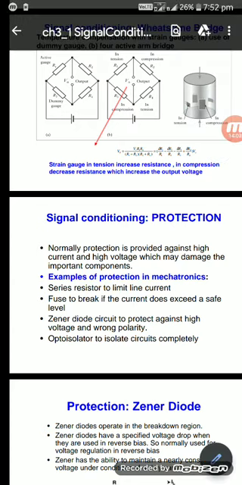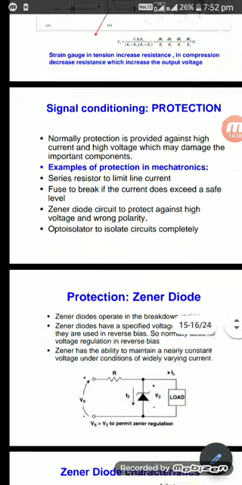Okay, series resistors limit line current and the Zener diode circuit protects against high voltage and wrong polarities. Okay, that is a Zener diode.